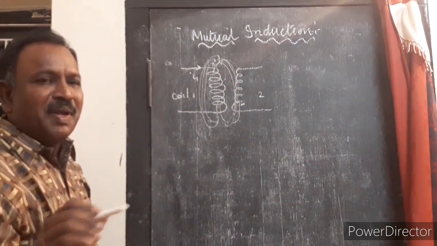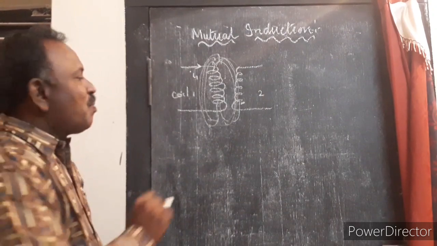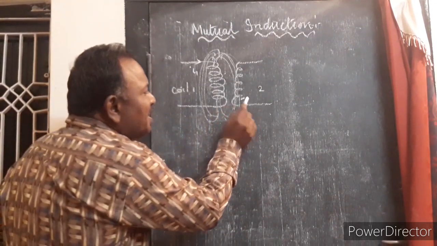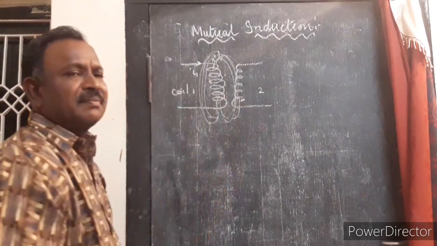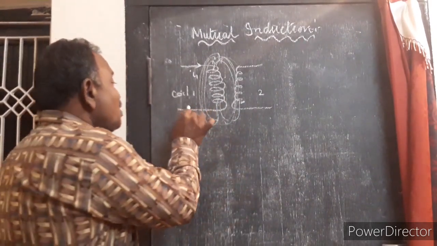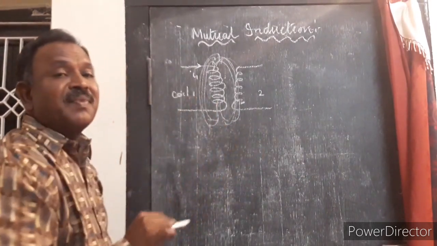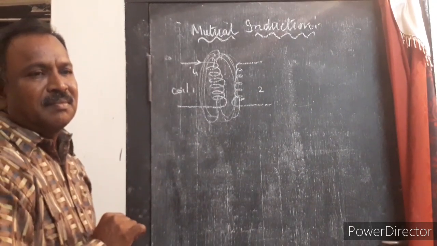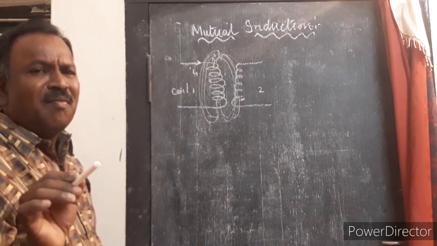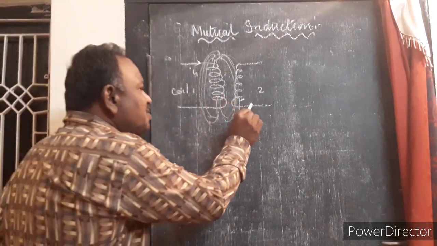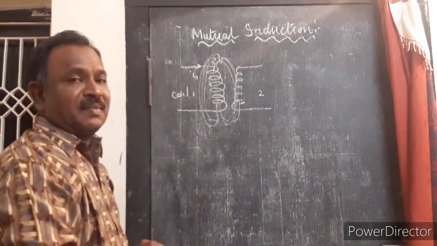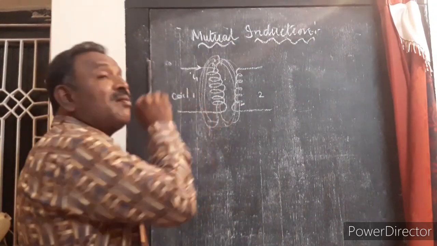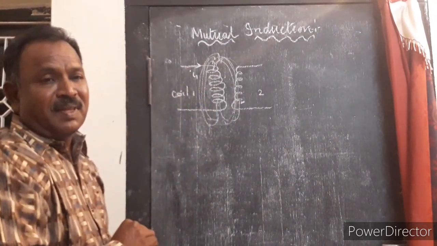So this property of producing an induced EMF in one coil, when current through the neighboring coil changes, is called mutual induction.